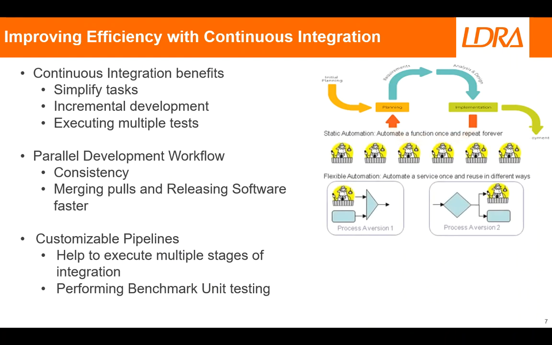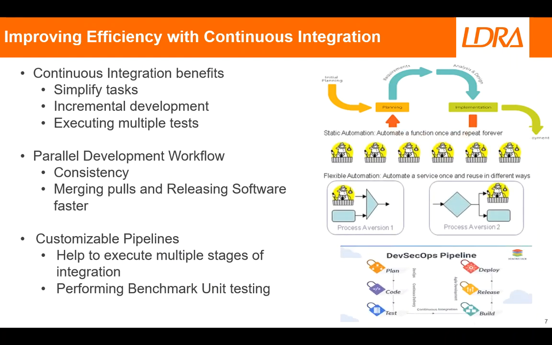To simplify iterative and repetitive tasks such as regression testing or static analysis, or to perform incremental development, the continuous integration approach will aid greatly. With continuous integration, or CI, users can perform a test on an operation in a file, or a group of operations in a file, automatically.